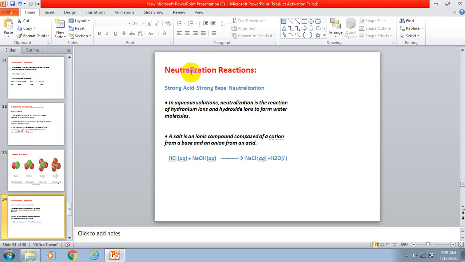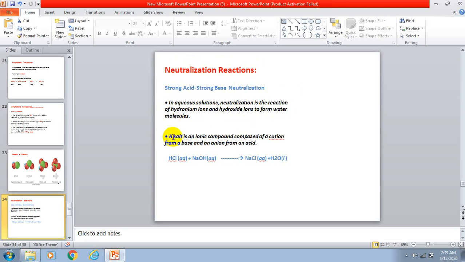Now, neutralization reactions. Strong acid, strong base neutralization. In aqueous solution, neutralization is the reaction of hydronium ions and hydroxide ions to form water molecules.